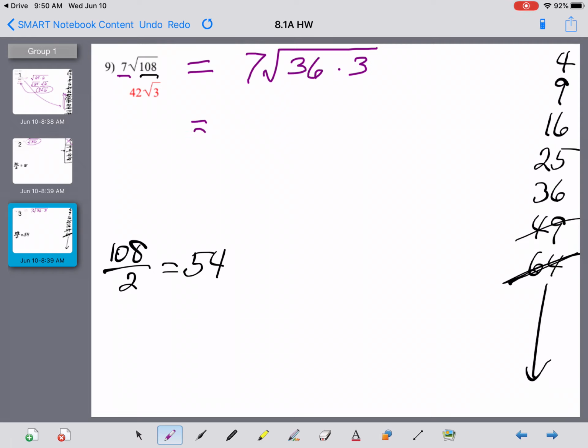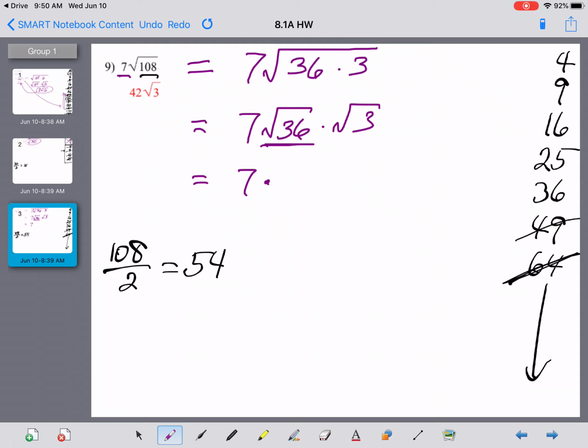Okay, so step 2. Again, we split the radical, but once more, just keep the 7 out in front. The 7 gets multiplied by the square root of 36, which gets multiplied by the square root of 3. And again, one of those radicals can be simplified. This is now a 7.